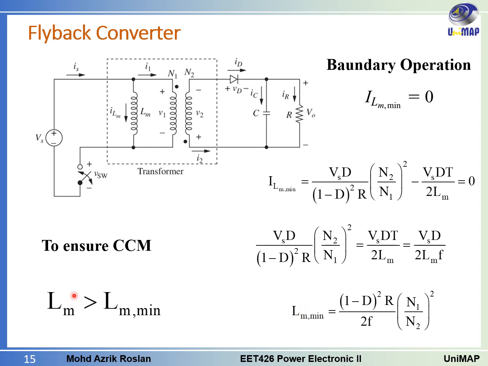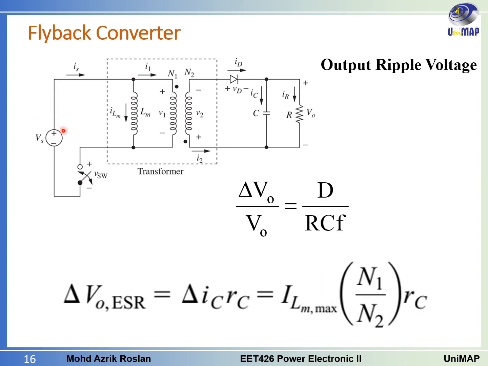So we have to make sure that the value of the magnetizing inductance that we choose here is bigger than this value, to ensure that our circuit is operating in CCM mode.